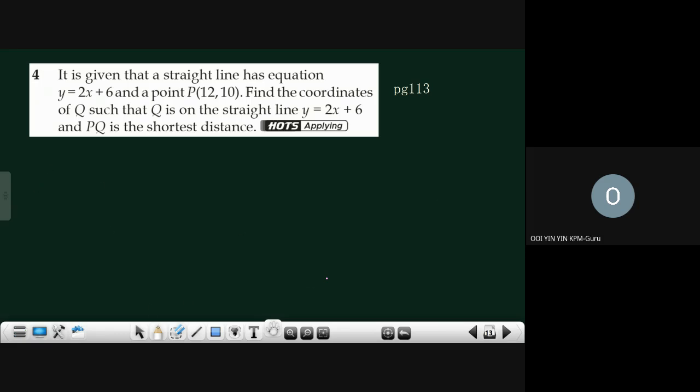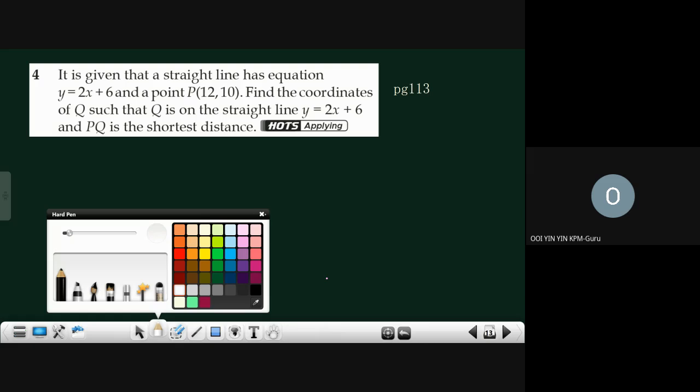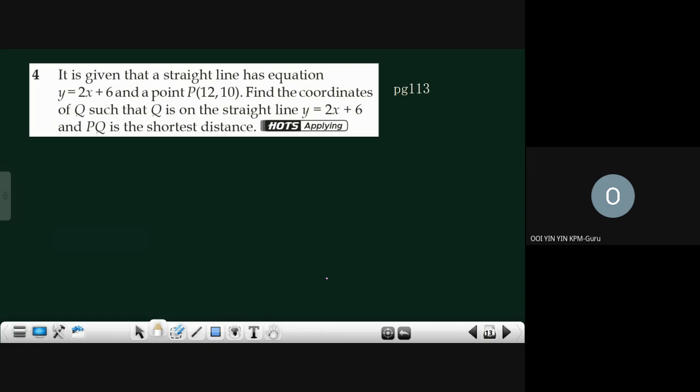Okay, now this last one. It is given that a straight line has equation y equals 2x plus 6 and a point P(12, 10). Find the coordinates of Q such that Q is on the straight line y equals 2x plus 6, and PQ is the shortest distance.